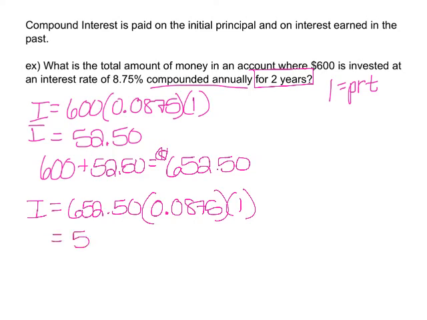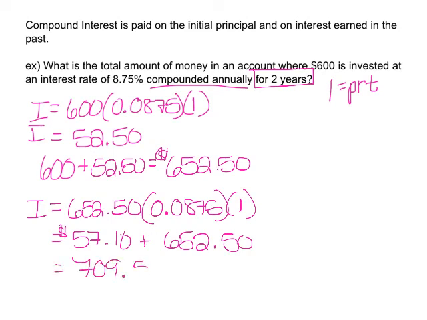And I'm going to get $57.10, and I'm going to add that to what was in my bank account. So that's $652.50. And I get a total of $709.59.